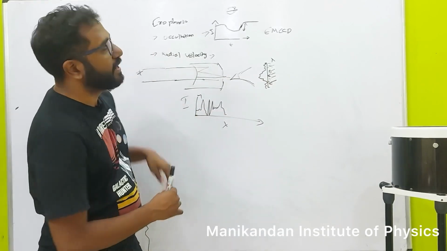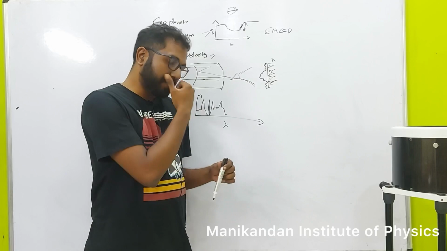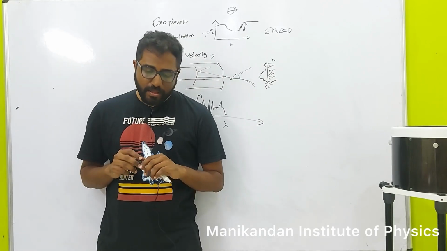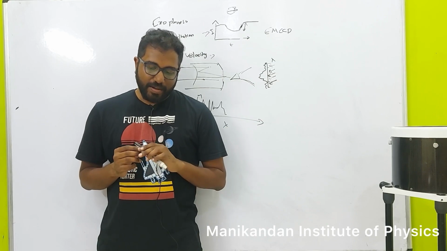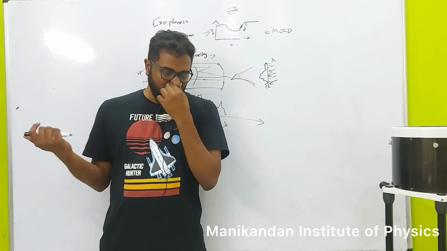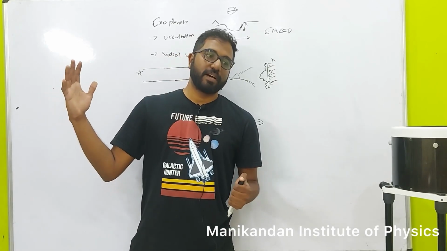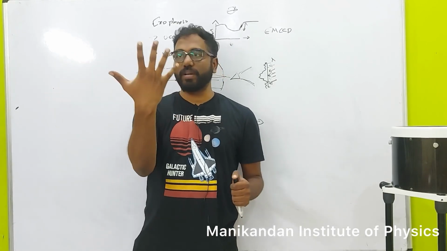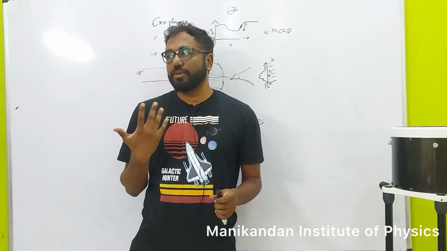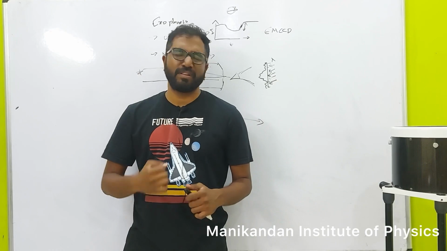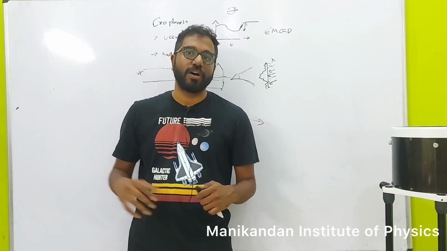Now coming back to the radial velocity method, why do we really need the spectrum? You might have heard about this effect called the Doppler effect. Say you're listening to a car that is screeching its horn and coming towards you, and it goes off, right?